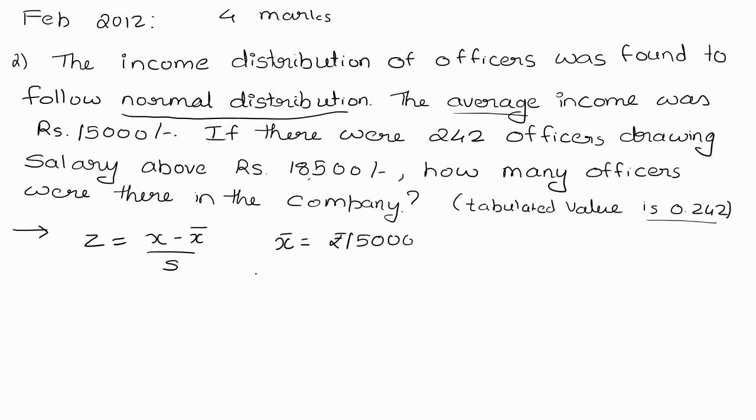Okay, let's see how to begin with this. Now x bar we have seen is 15,000. 18,500 will be my x value. So let's first calculate the number of deviations, that is the z value. Z will be given by x minus x bar upon s.